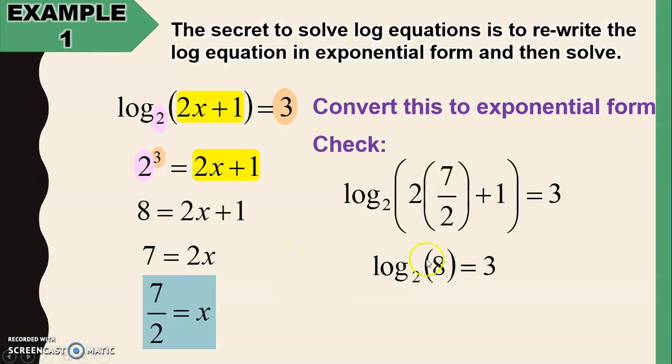So we have log of 8 to the base 2 equals 3. So this is true since if we convert it to exponential, it becomes 2 raised to 3 equals 8. 2 raised to 3 is 8 and 8 equals 8. So therefore, our answer, class, is correct. The value of x is 7 over 2.